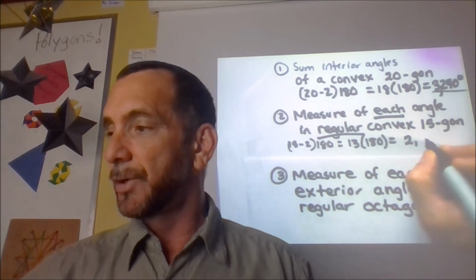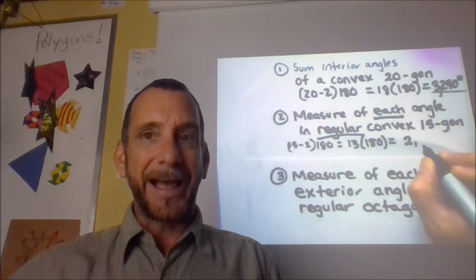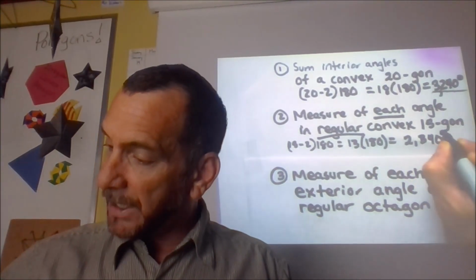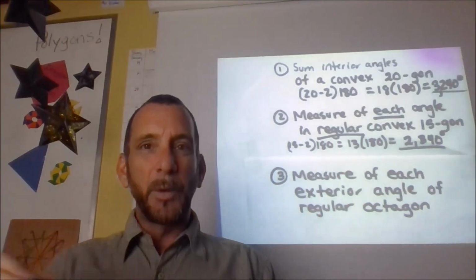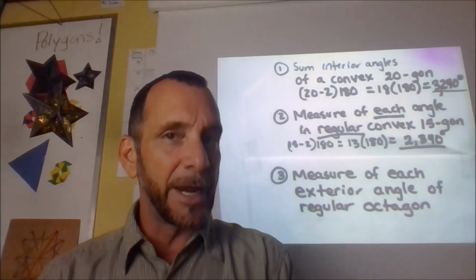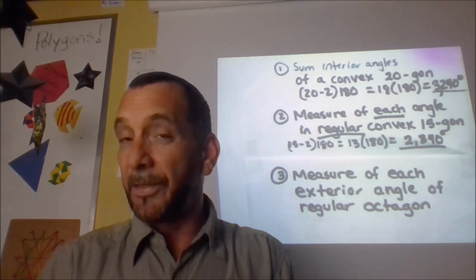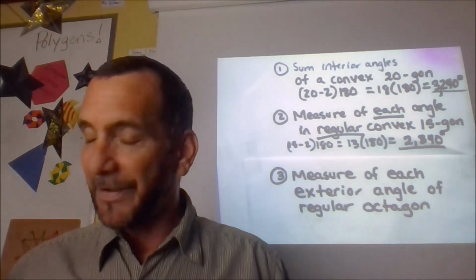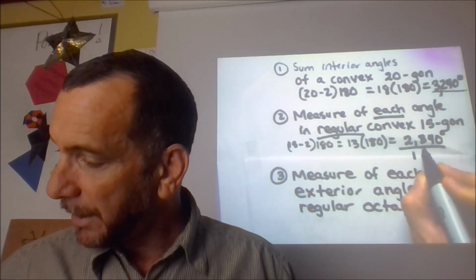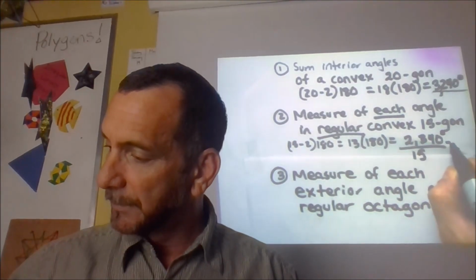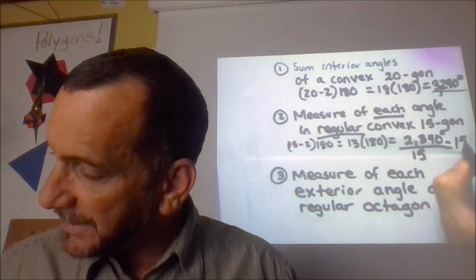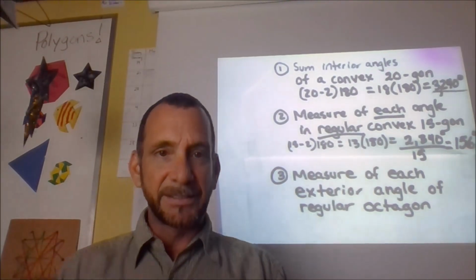It adds up to 2,340 degrees. And what are we going to do if we want each angle and we know it's regular, so they're all equal? 2,340 divided by, how many are there? 15. What is that? That's 156 degrees.